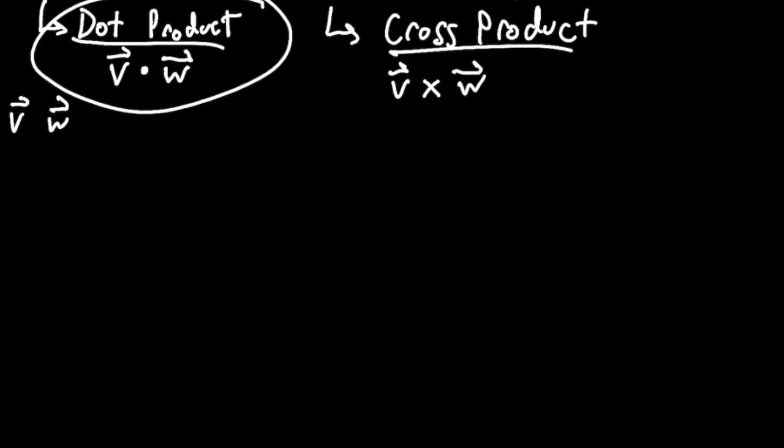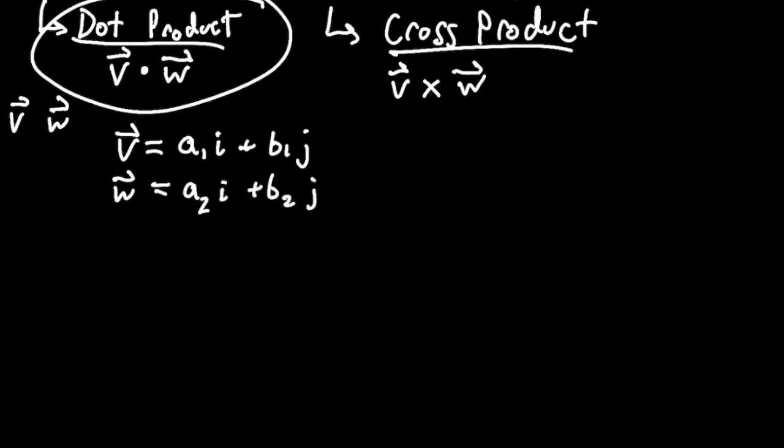So if we have two vectors, v and w, let's write them out with their components. So let's say v is a1 times i plus b1 times j. w is a2 times i plus b2 times j.